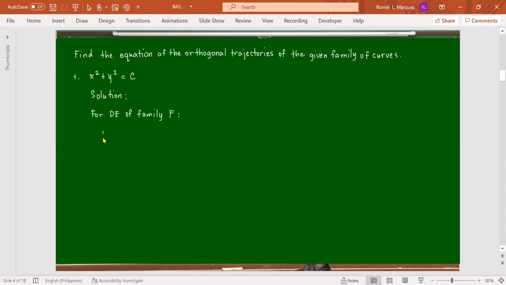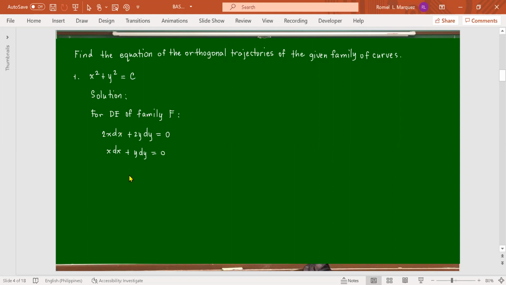Okay? So we have 2x dx plus 2y dy is equal to 0, where c is the arbitrary constant of this known family. We can simplify this by dividing by 2 to get x dx plus y dy equal to 0. So again, this is the differential equation of family F.